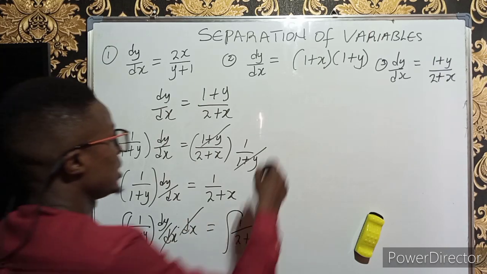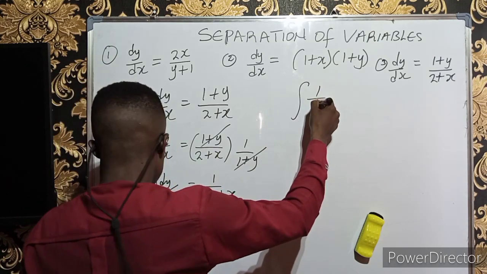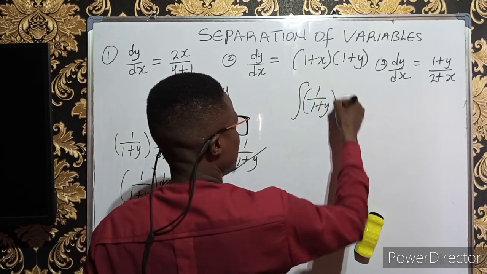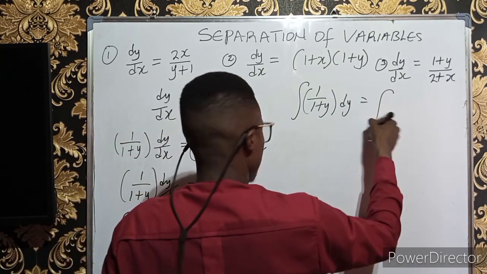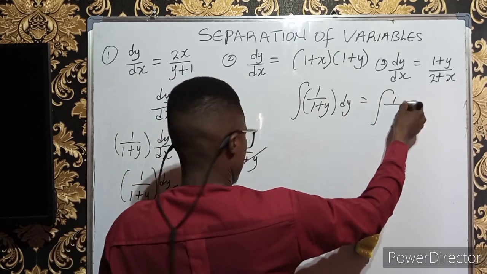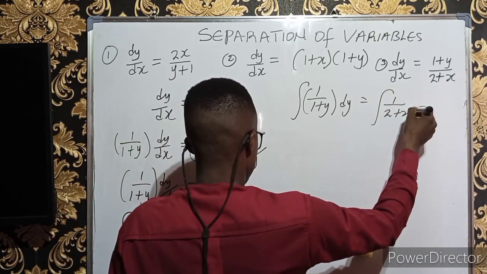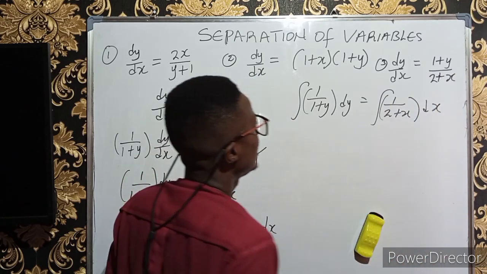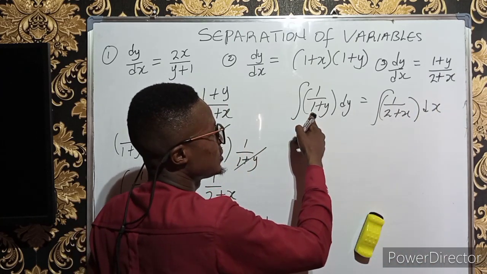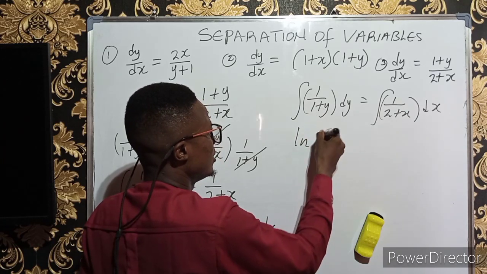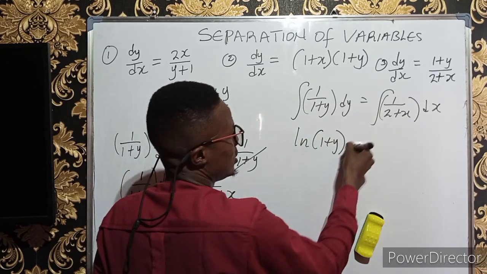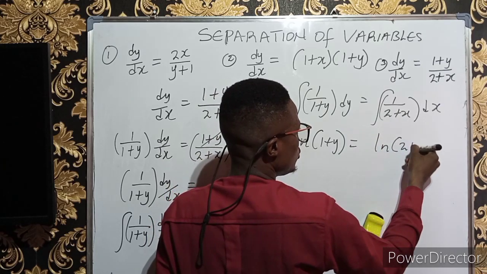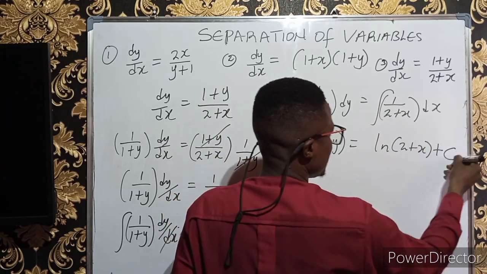We are now left with the integral of 1 over 1 plus y dy equals the integral of 1 over 2 plus x dx. Okay, now if I integrate this, it will give me ln(1 plus y) equals, if I integrate this, it will give me ln(2 plus x), then plus c.